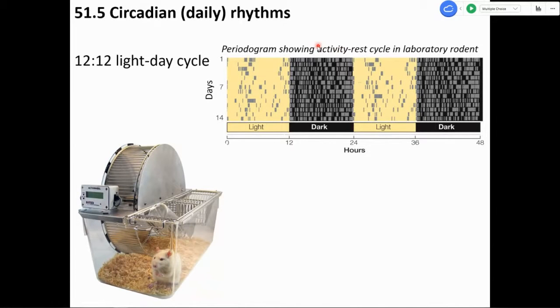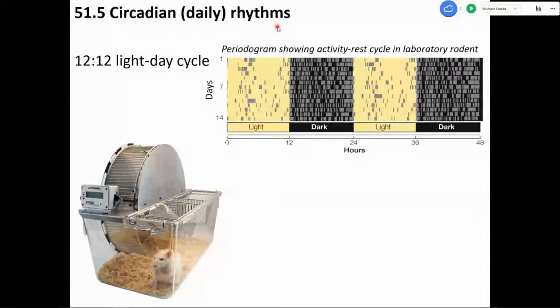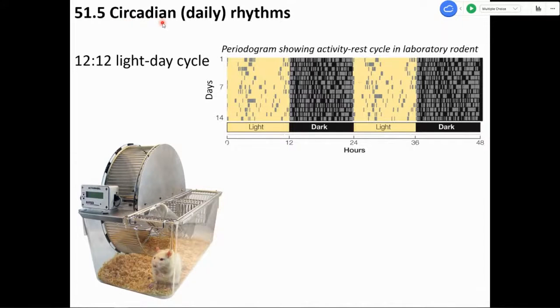A circadian rhythm is a daily rhythm in behavior that is inbuilt to pretty much most types of organisms. It comes from circa, meaning about, and dien, meaning day. A good example of the way that people study this is to look at rodents in the laboratory, and they use this little apparatus here.